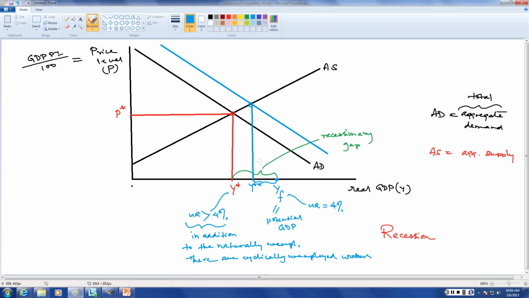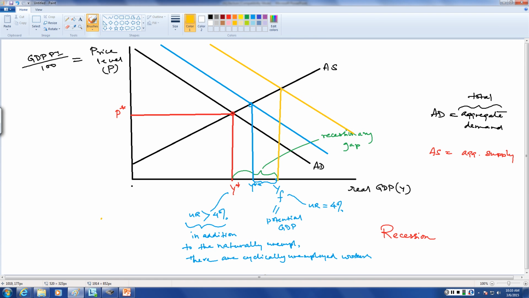And what kind of a shift in the AD curve would be necessary to bring the economy back to full employment? Well, I'm going to work backwards here. I go to YF, and then I go vertically up like this till I strike the AD curve, right? And then there is where I draw the AD curve that is needed to bring the economy back to full employment.